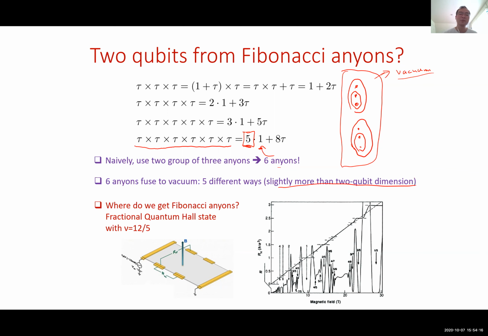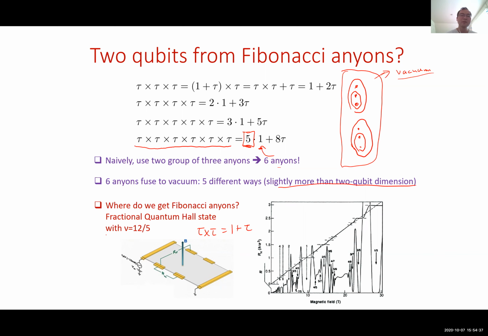Okay, yeah, so there was one question on where do we get this kind of fusion that you fuse 2 Fibonacci anyon and you don't always get the same outcome. You get 2 possibilities. It's either vacuum or it's the Fibonacci anyon itself.